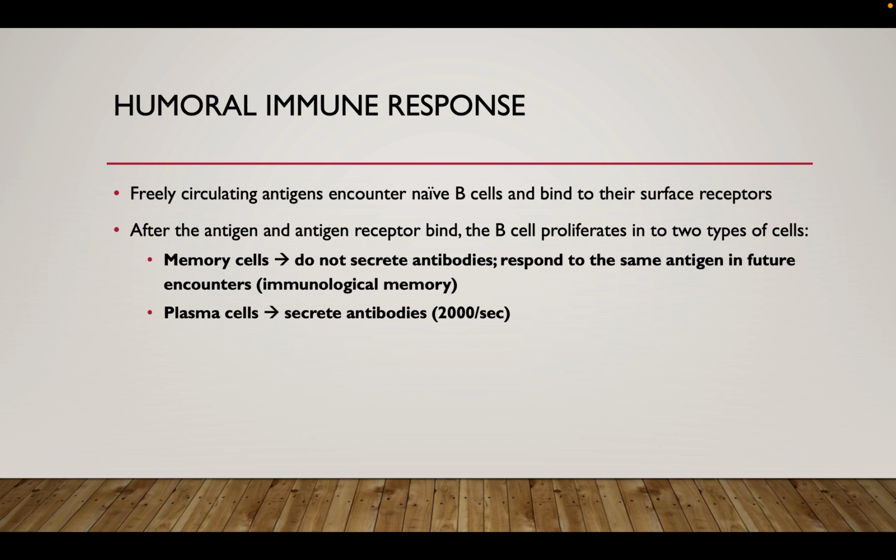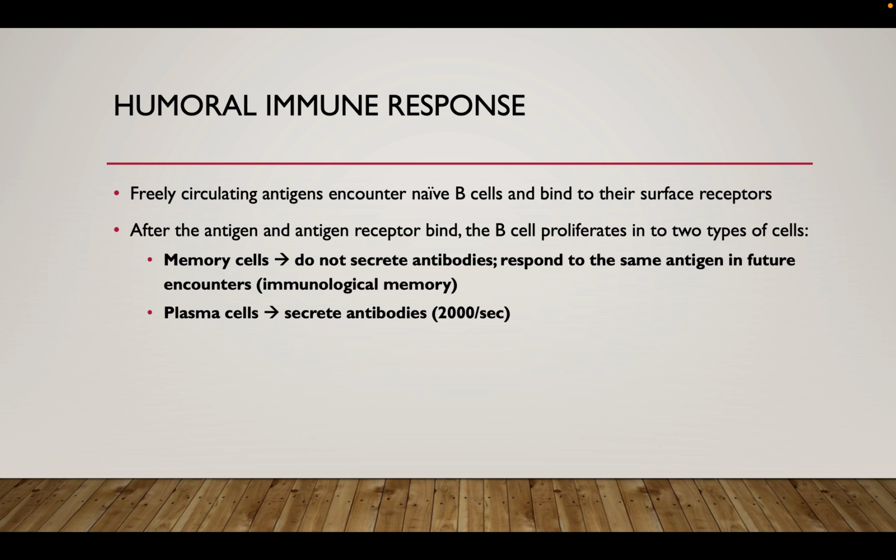But what they do is, essentially, a B cell has to become activated, and once it binds to the receptor and is activated, the B cell will divide into two different types of cells. One is a memory cell, which will be basically the same thing as that B cell itself.